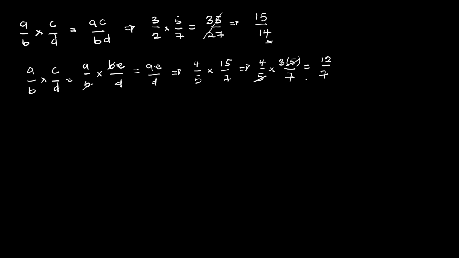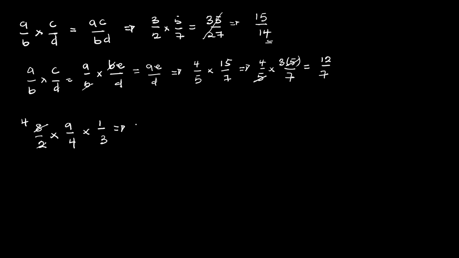A much more complicated problem can be in the form of, let's say, 8 all over 2 times 9 all over, let's say, 4, okay, and maybe times 1 all over 3. Okay, so in this case, let's simplify it. Let me just follow the procedure indeed.